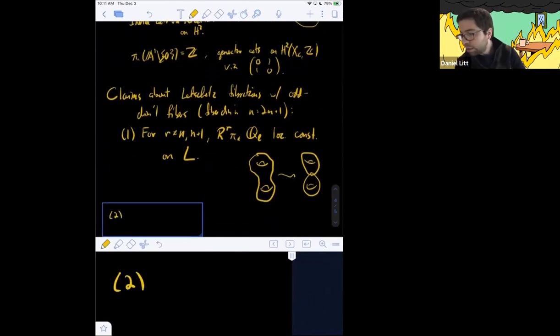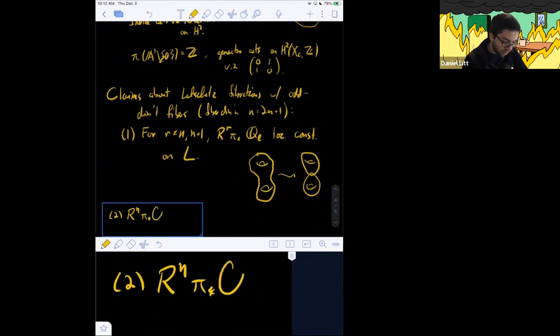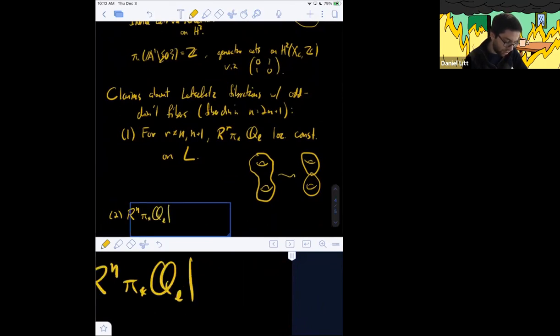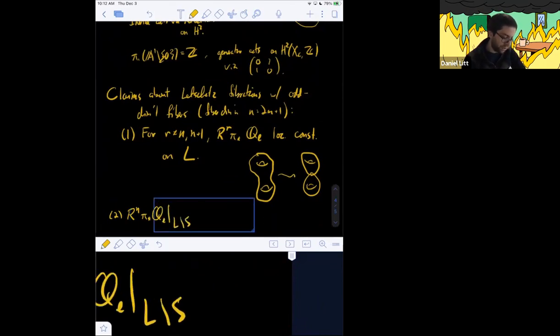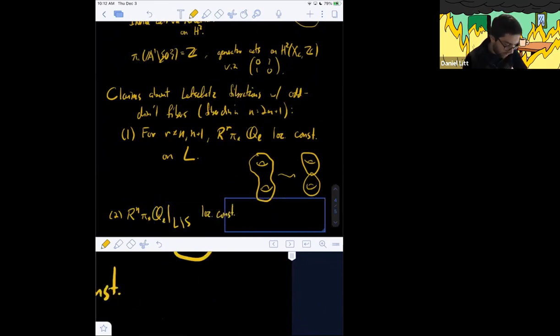All right. So claim 2 is that if you take R^n pi lower star QL and you restrict it to L minus the set of bad points, this is locally constant and tame. Tameness just means that the representations of the inertia groups factor through tame inertia, so they factor through Z hat.